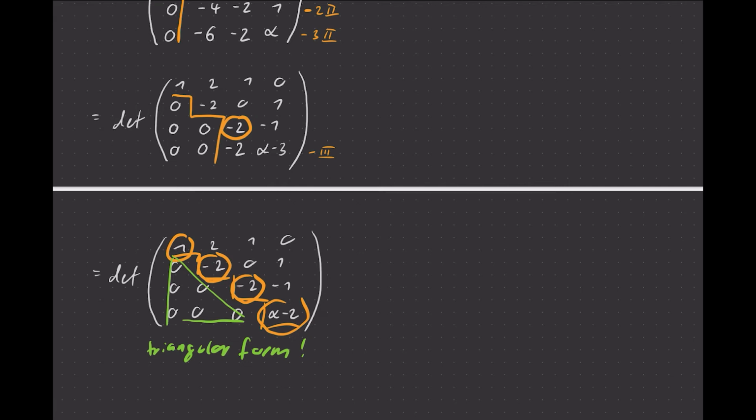And that means the determinant is simply the product of those entries on the diagonal. And that's 1 times minus 2 times minus 2 times alpha minus 2. So what we get here is 4 times alpha minus 2. And that completes the determinant.